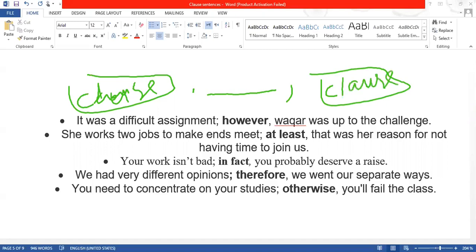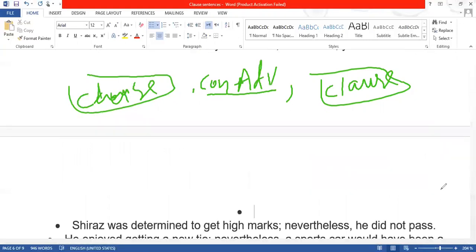Like, for example, I'll write another one. So these are conjunctive adverbs, like adverbs. You can also write it in this way. Like, for example, this last one.